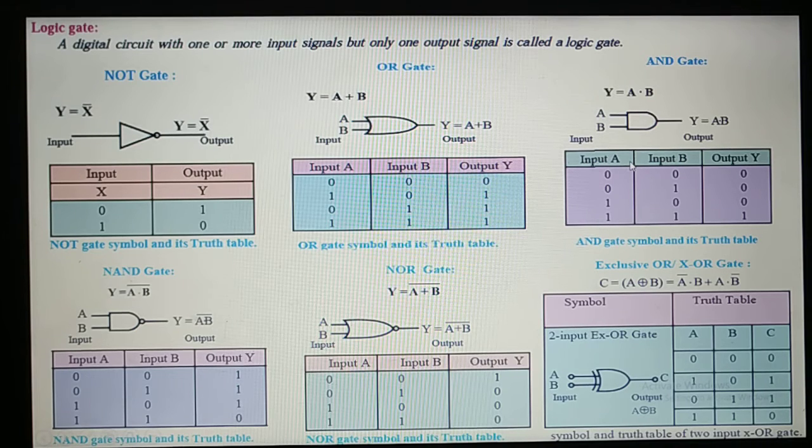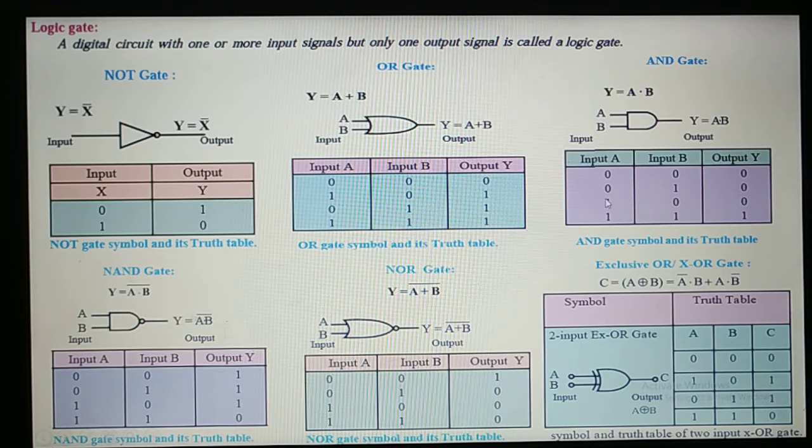Any one definition you can catch, whatever you feel comfortable with. It just depends on you. So let's see the first example. Both are low, output is low. Low, high: one is high, output is still low, because if either of the inputs is low, the output is going to be low. Output will be high only if both the inputs are high, or both are 1.